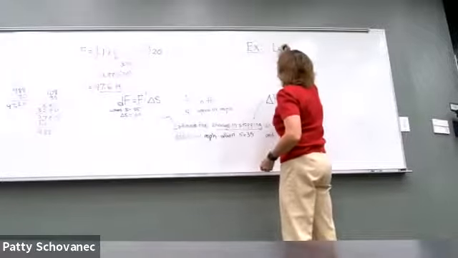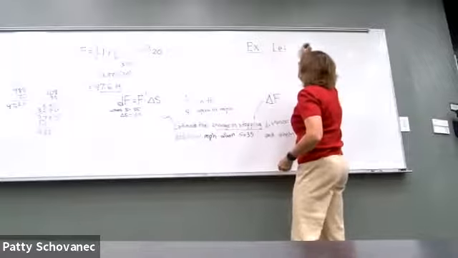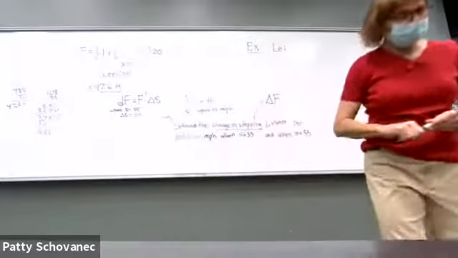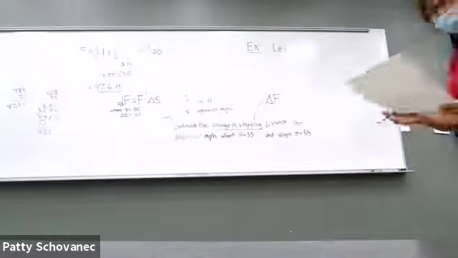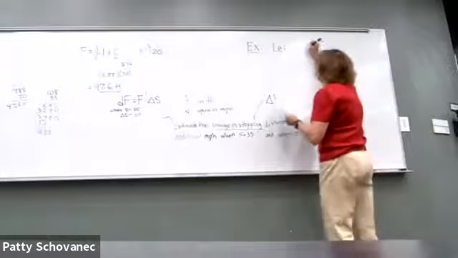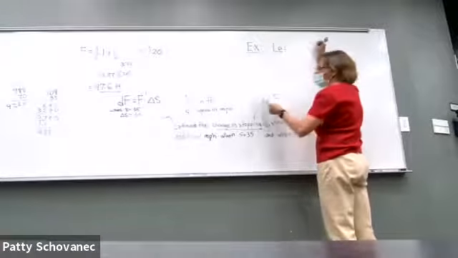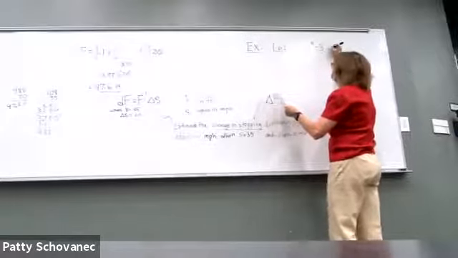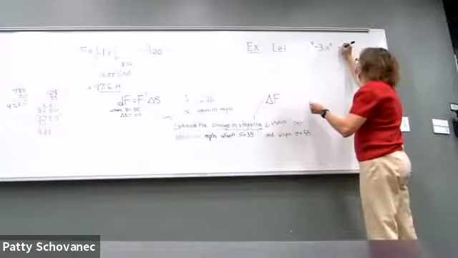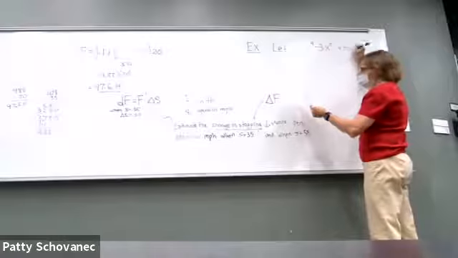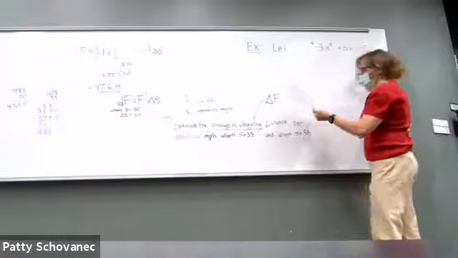Let y be equal to x to the fourth minus 3x squared plus 5x plus 4.